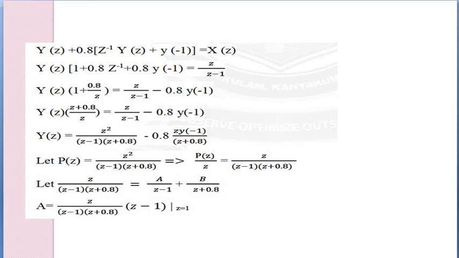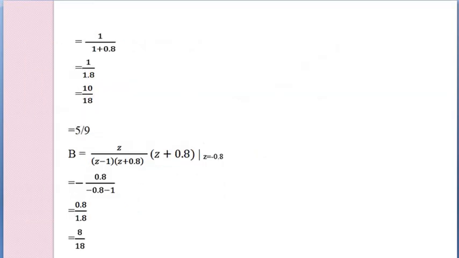So P of z by z equal to A by z minus 1 plus B by z plus 0.8. Find the A value. A is equal to z divided by z minus 1 into z plus 0.8, multiplied by z minus 1, at z equal to 1. Substitute z equal to 1 and simplify. We get A equal to 5 by 9.